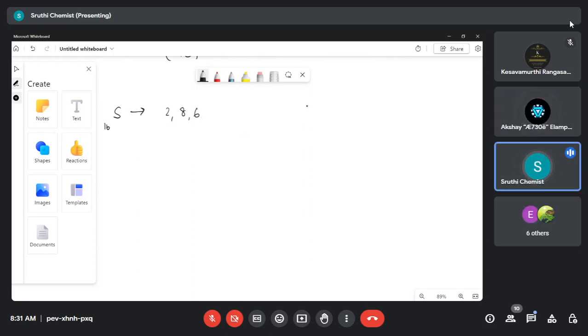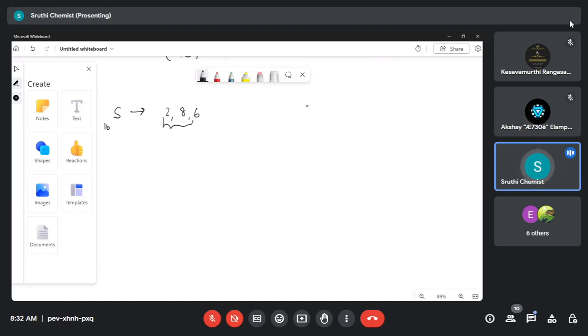Very good. The first shell can hold 2 electrons, the second can hold 8, so 2 plus 8 is 10 electrons already filled. The remaining electrons are 6.